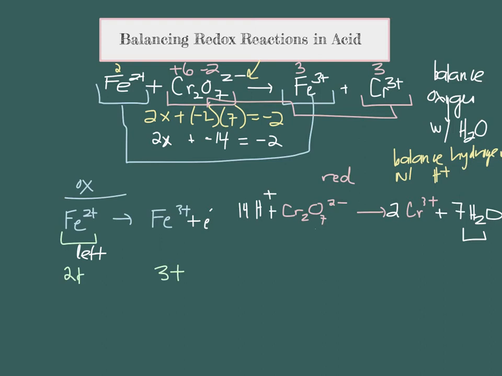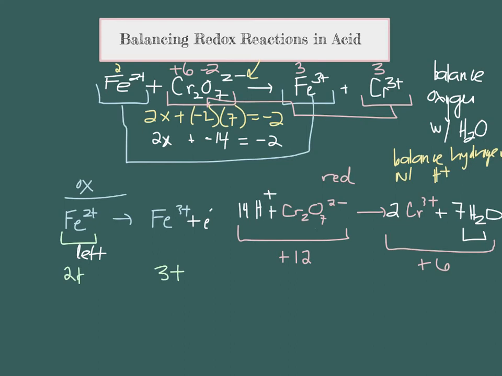Okay. Now, let's consider the reduction side. On the reduction side, I have 14 positive 1s and a negative 2 charge, so that means a total of positive 12. And on the right side, I have 2 positive 3s for a total of positive 6. I can see now that the total charge difference is going to be 6.